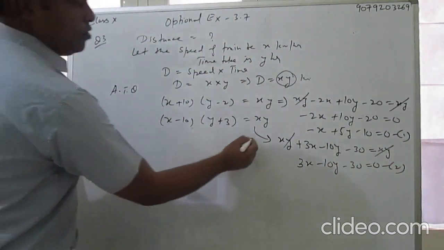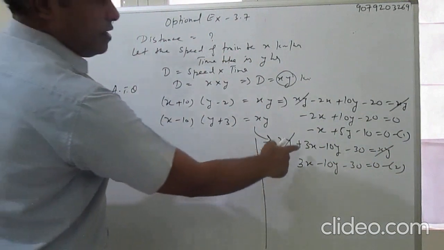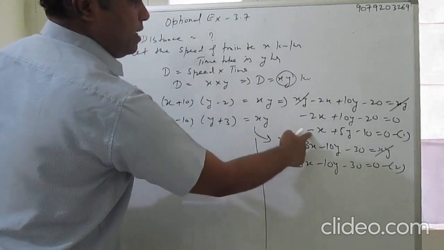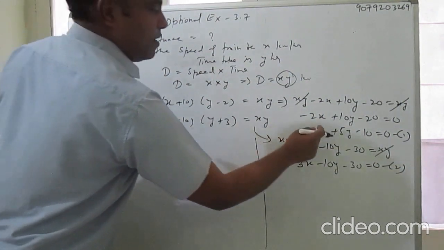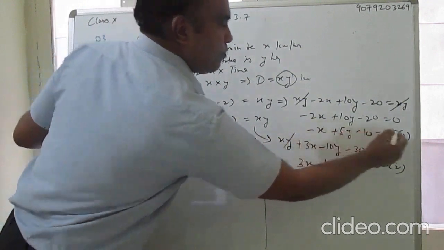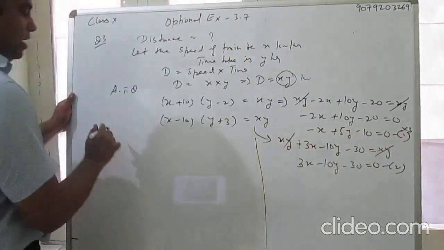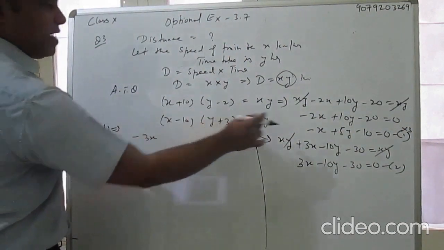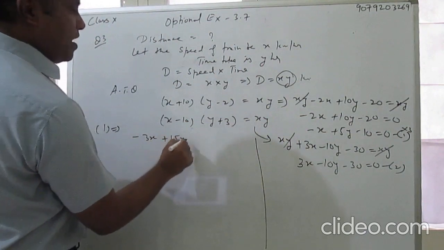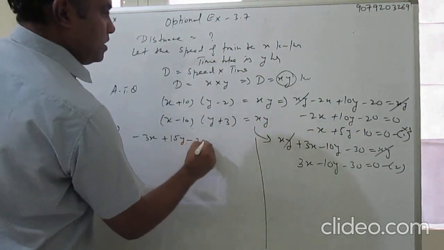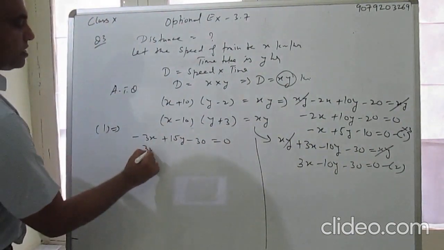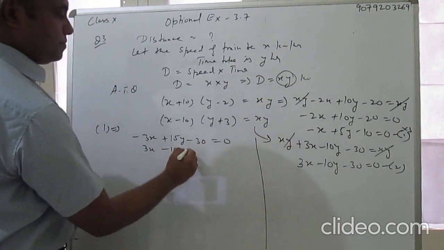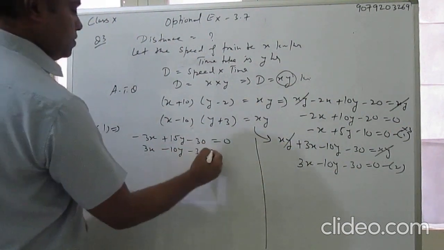Now you can see that if you multiply equation 1 by 3, you will get minus 3x plus 15y minus 30 is equal to 0, and equation 2 is 3x minus 10y minus 30 is equal to 0.